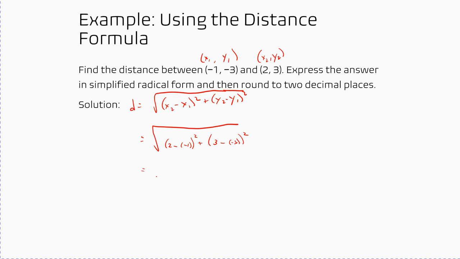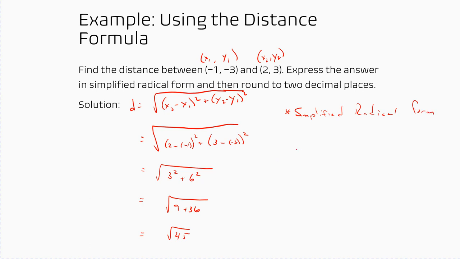So this becomes the square root of, this is 2 plus 1, 3 squared, plus this becomes 3 plus 3 is 6 squared. So this is the square root of 9 plus 36, which is the square root of 45. Okay, so let's take this and show in simplified radical form. So the square root of 45, right, this is the same thing as the square root of 9 times 5. Square root of 9 is 3.